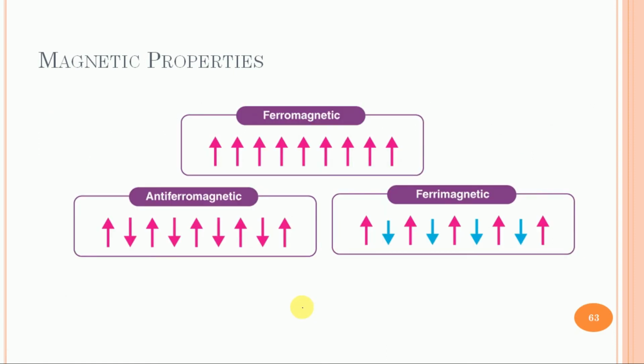So these are the pictures showing alignment of the magnetic moments of domains. In the first case, ferromagnetic substances, all the domains are in the same direction. In the case of antiferromagnetic substances, an equal number of domains are parallel and antiparallel. In the case of ferrimagnetic substances, the domains in parallel and antiparallel directions are unequal.